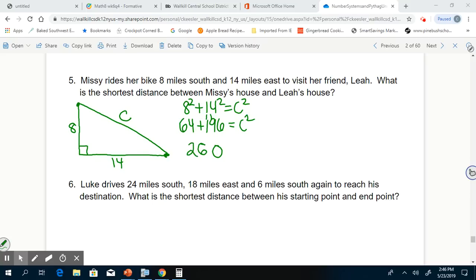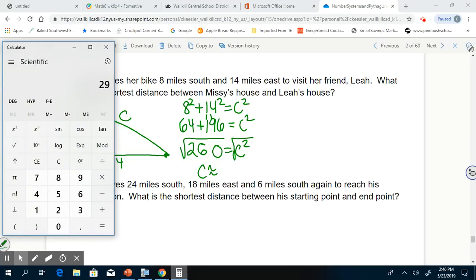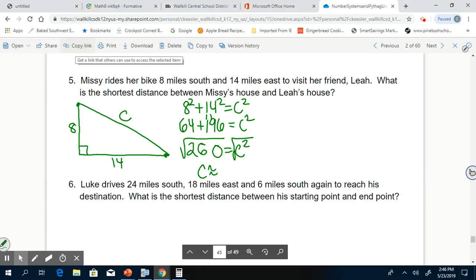And then 260 is c squared. Take our square root, and 260 is not a perfect square, so we could simplify this. C would be about the square root of 260, 16.1 miles.